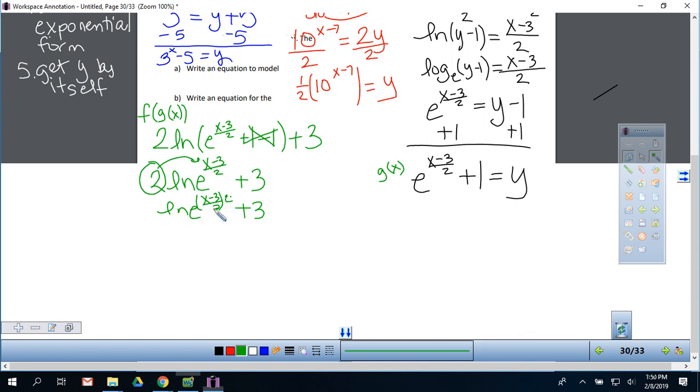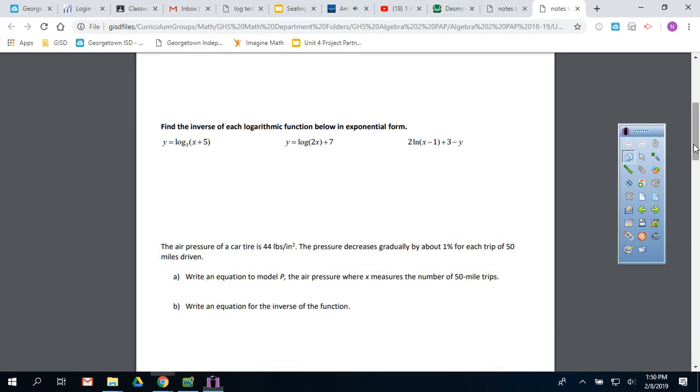Now what happens to my 2's? So now we have natural log of e to the x minus 3, plus 3. If this has a base that's the same as my exponent, what are we left with? x minus 3 plus 3, which equals x. So again, we're correct. That was a cool thing.